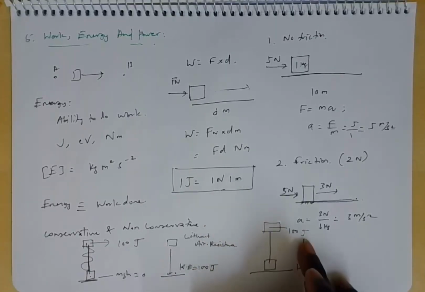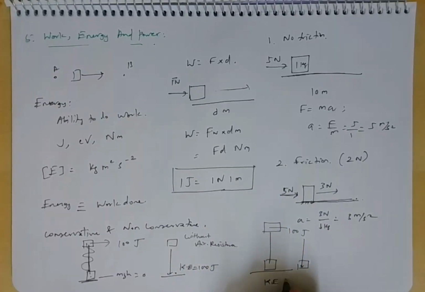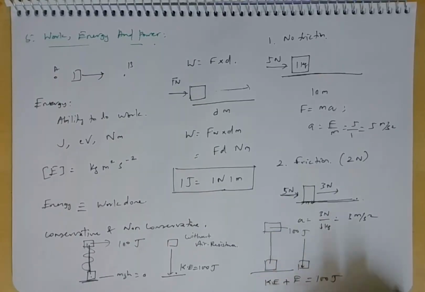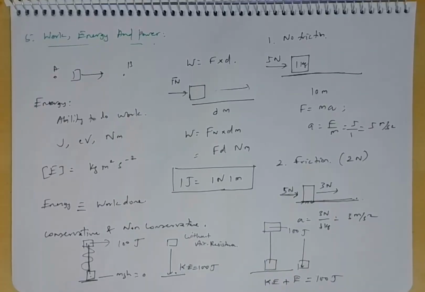But the total is the same. The kinetic energy you got on the ground plus the energy you lost due to friction will give the total energy. This is what we call the principle of conservation of energy.